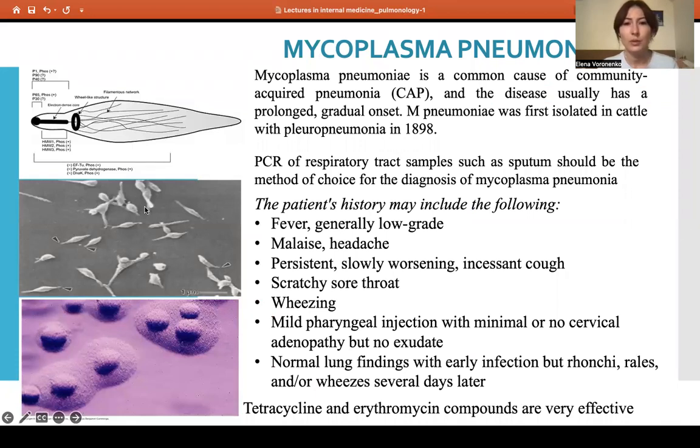PCR of respiratory tract samples such as sputum should be the method of choice for the diagnosis of mycoplasma pneumonia.